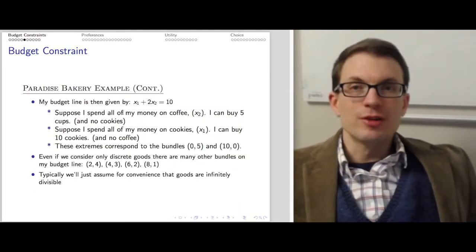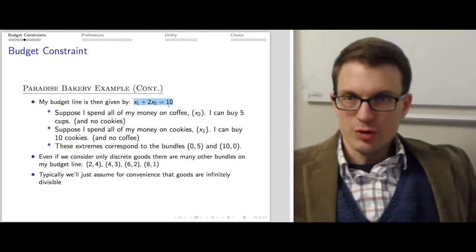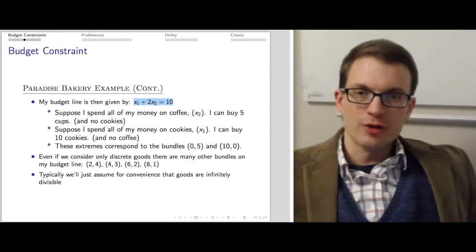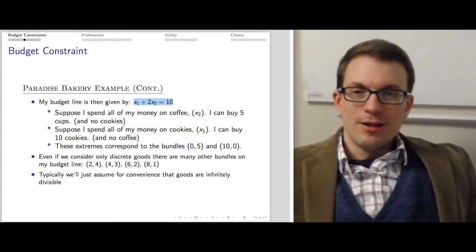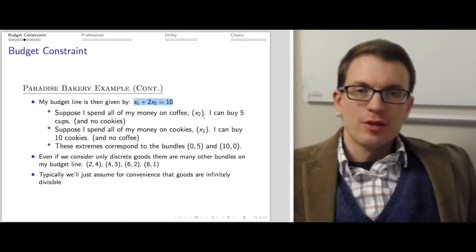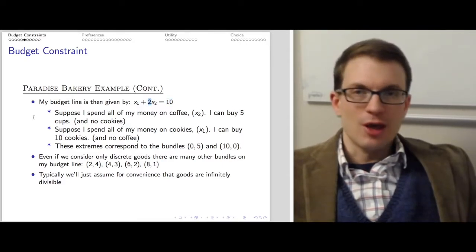Okay, so my budget line is given by that equation when it holds with equality. So X1 plus 2x2 is equal to 10. Now, suppose I spend all my money on coffee. My $10 divided by the $2 per cup tells me I can buy 5 cups and no cookies.